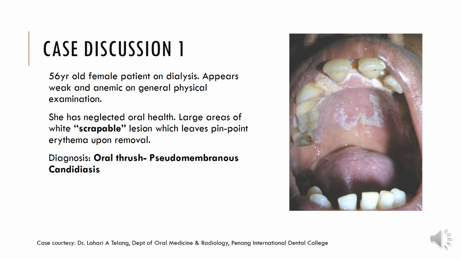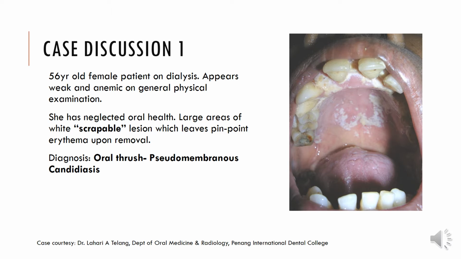She was observed to have neglected oral health, which means there were a lot of local factors along with caries and high risk of periodontal disease. There were large areas of white scrapable lesion which left pinpoint erythema upon scraping or removal. So the provisional diagnosis for this is oral thrush, or pseudomembranous candidiasis.